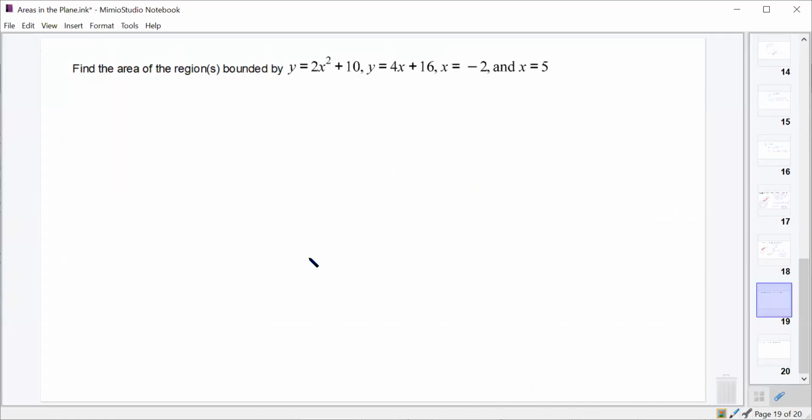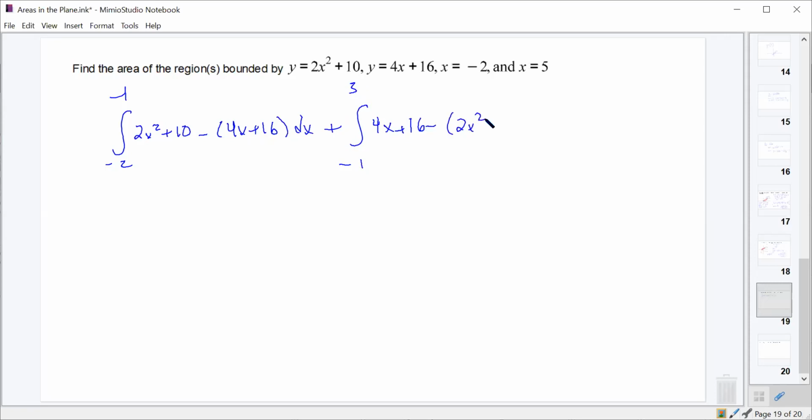So what would our integral look like? It would be the integral from -2 to -1. And which one did we say was above for that? The parabola, right? We add to that -1 to 3 of the line minus the parabola.